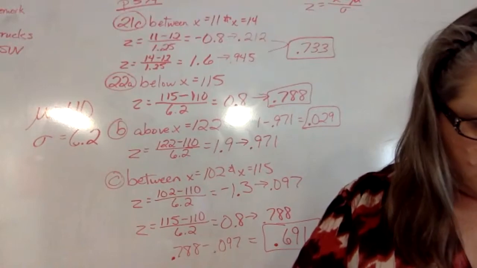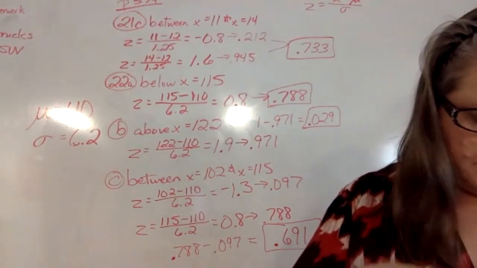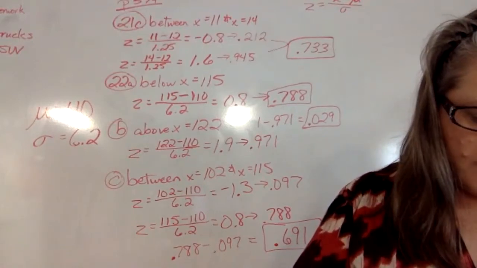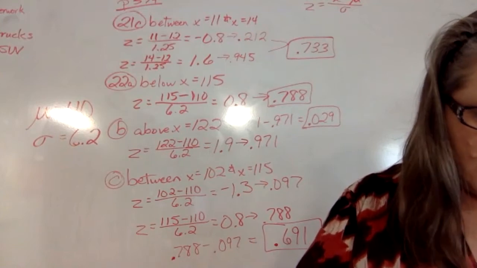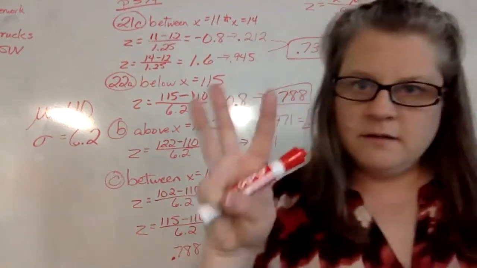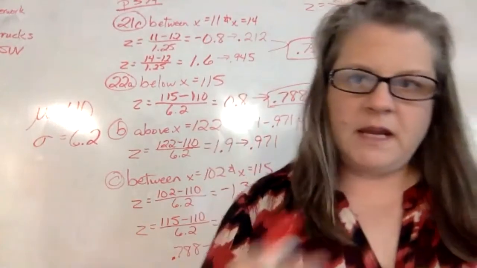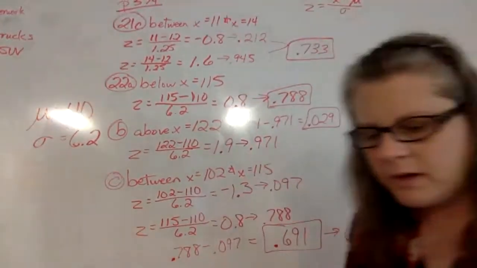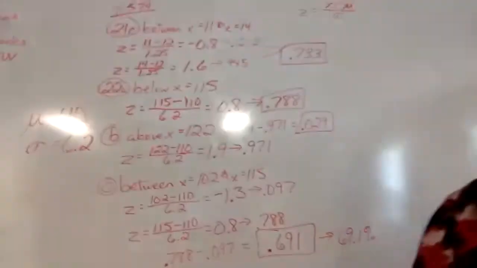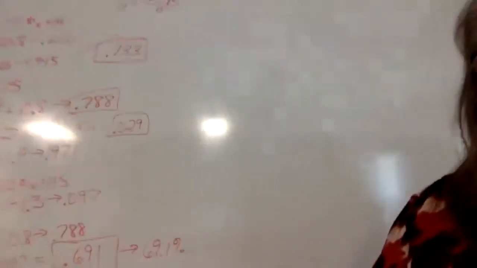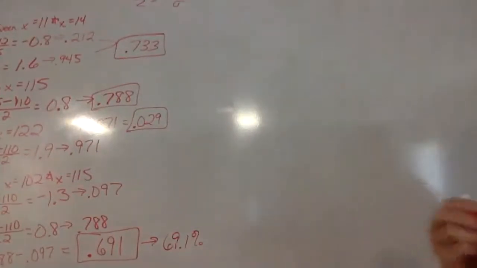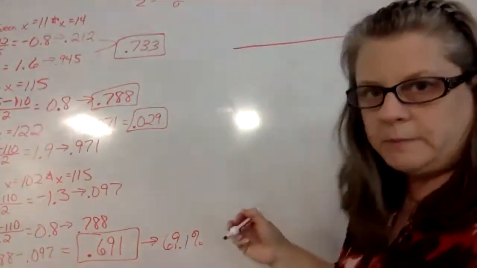The empirical rule says that all the values fall within three standard deviations of your mean. Because if you remember when we did the little bell curve, and you know, I told you all last week, I don't draw those very well. Anyway, when you had your little curve, you had your little number line across the bottom. I draw that part.